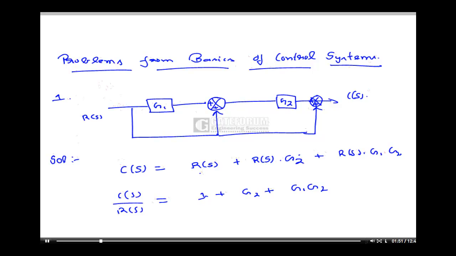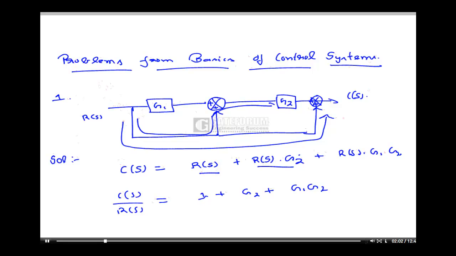See, why RS first? Because input is directly given at the output. RS G2, because the same input is gone here and from here it is multiplied by G2 and gone to the output. RS G1 G2, this one is RS G1 G2.